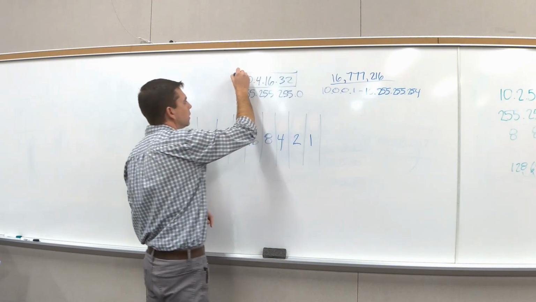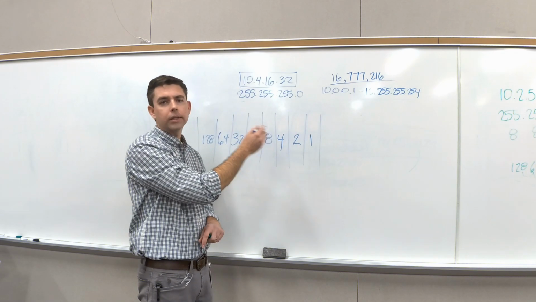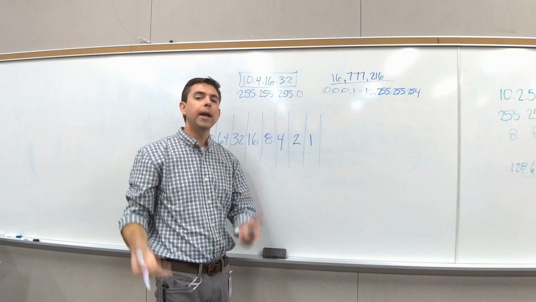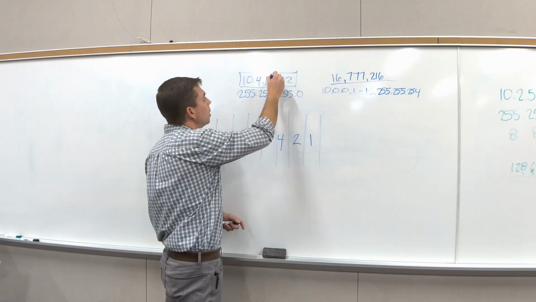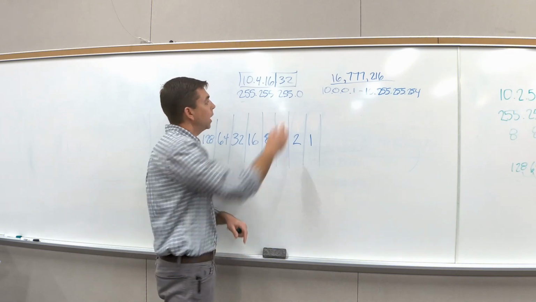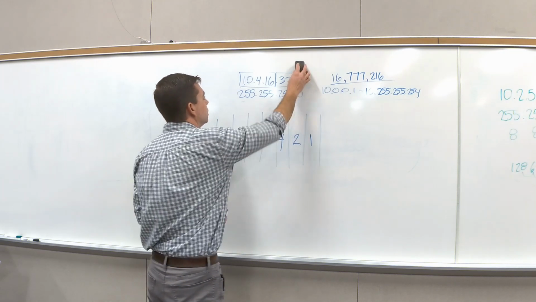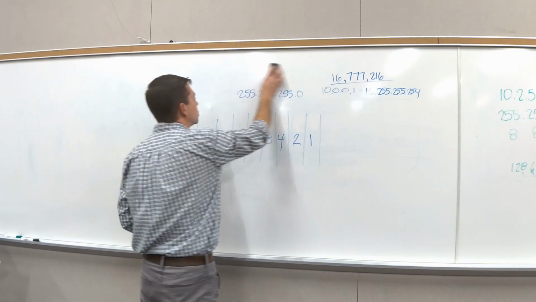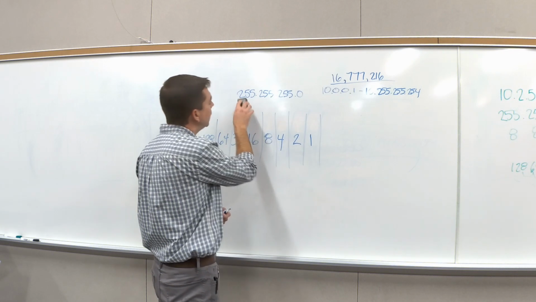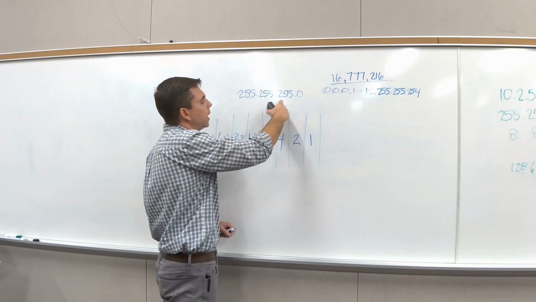Mathematically, this number has nothing to do with the subnet mask. The subnet mask is there just for network devices to know what section is for the network and what section is for hosts. Okay? So let's disassociate ourselves from IP addresses for the moment. We're going to zoom in to a subnet mask. We're going to zoom into what these 255 numbers mean.